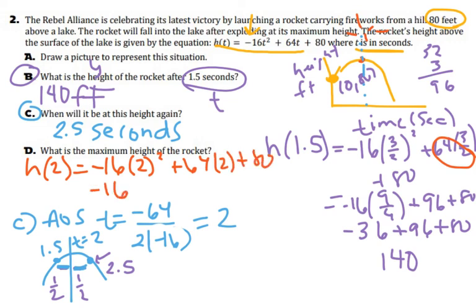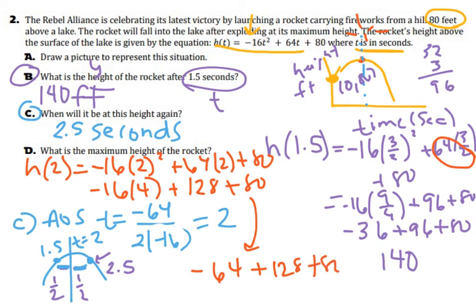That's going to be negative 16 times 4 plus 128 plus 80, which, I'm running out of space. Negative 64 plus 128 plus 80, which is 144 feet. So that's going to be the answer to part D.